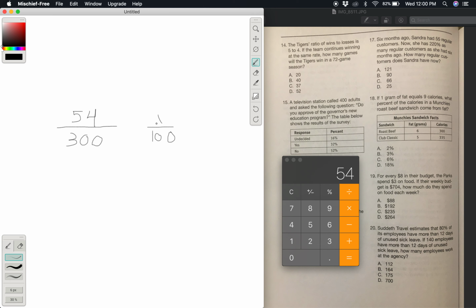Then the missing variable, same formula, guys, this way. 54 times 100 divided by 300 equals 18. So 18% of the calories come from fat. Let's see if there's 18 here. Yep, D is your answer there.